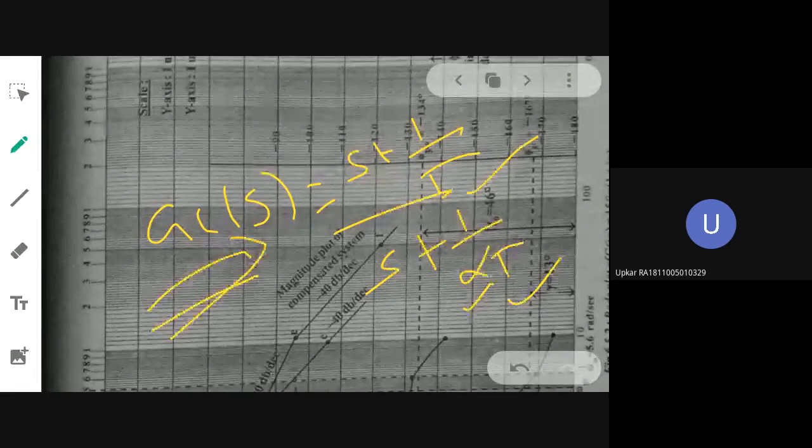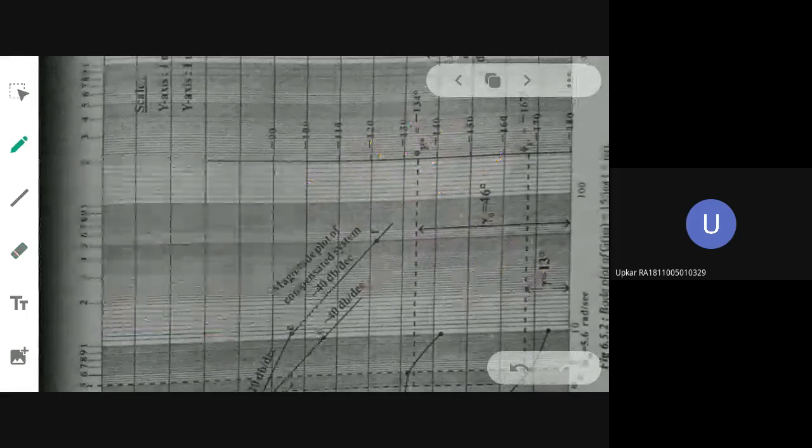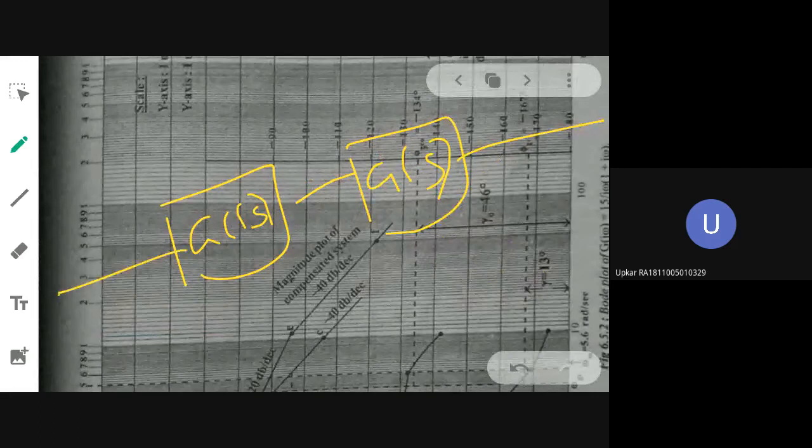Then you will draw the full transfer function with GC of s and the existing system, and you will eliminate the gain or attenuation factor by including that 1 by alpha or 1 by beta factor.